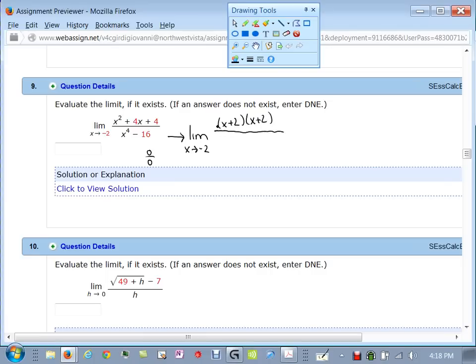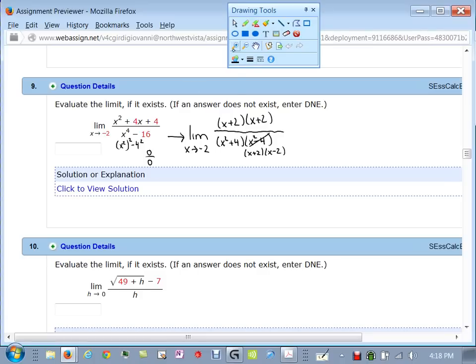So I factored that. The bottom is actually x to the 4th minus 4, because it is a difference of squares also. This is x squared squared minus 4 squared. So I'm using a difference of squares formula on that, but I have to realize x to the 4th is x squared squared. And then now, this right here, x squared minus 4 becomes x plus 2, x minus 2, right?